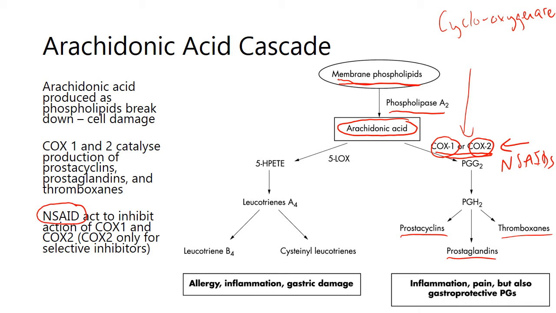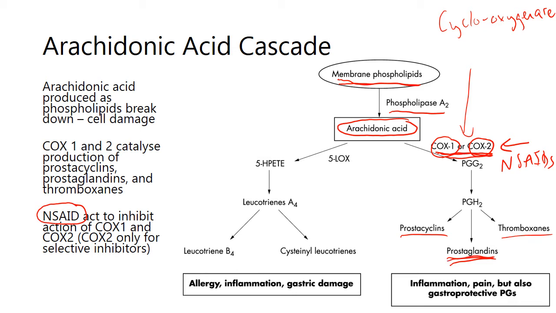So they inhibit the action of both cyclooxygenase 1 and 2, and that starts to help us understand why we have certain side effects. For example, if we inhibit both of these cyclooxygenases, we have the benefits of decreasing inflammatory prostaglandins, but we also, as a byproduct of that, decrease the production of housekeeping prostaglandins.